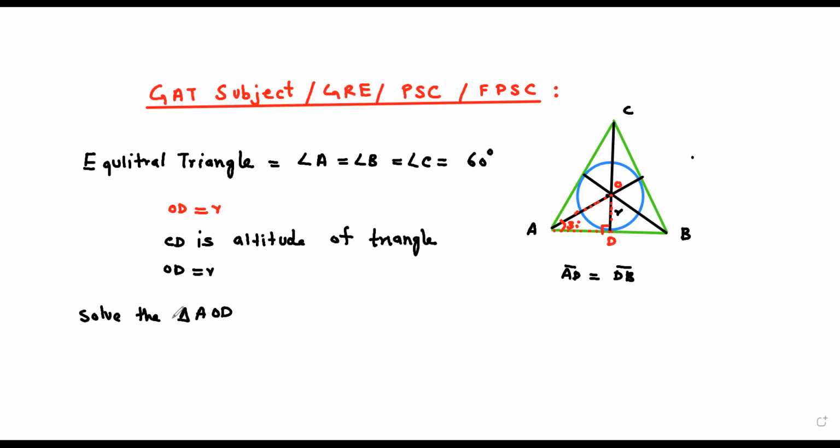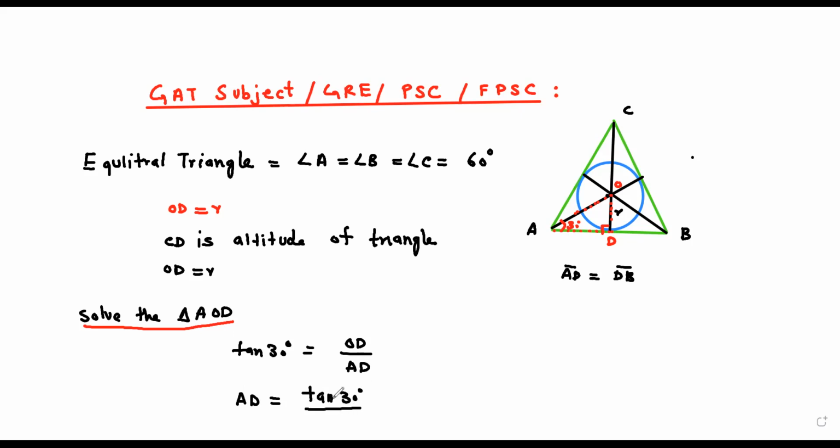Okay. Here, for solving this, you know that we will use the formula: tan of 30-degree angle is equal to OD over AD. OD is R, and AD is the hypotenuse. So we want to find the value of AD.